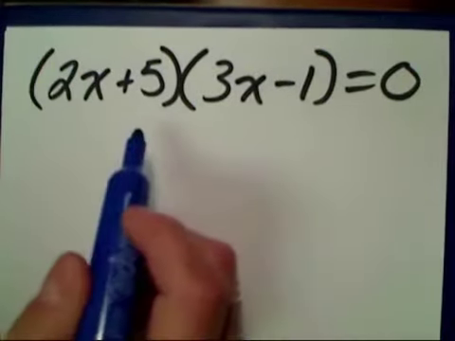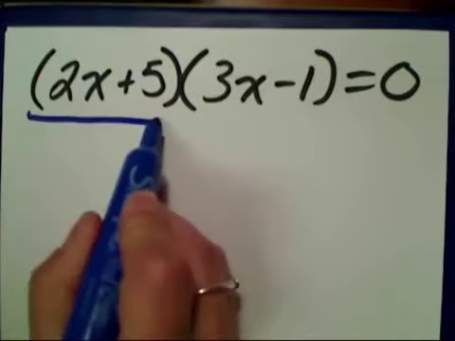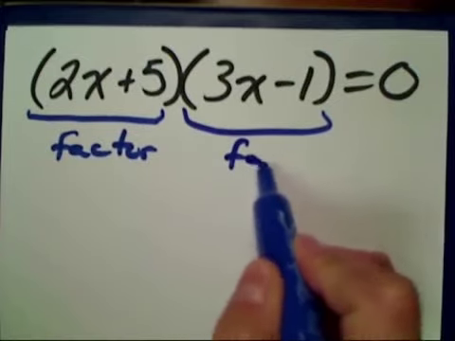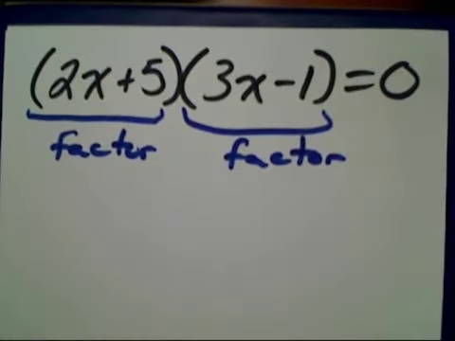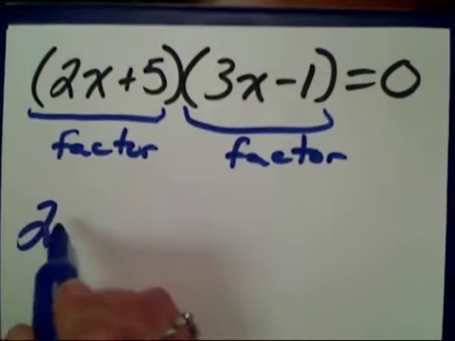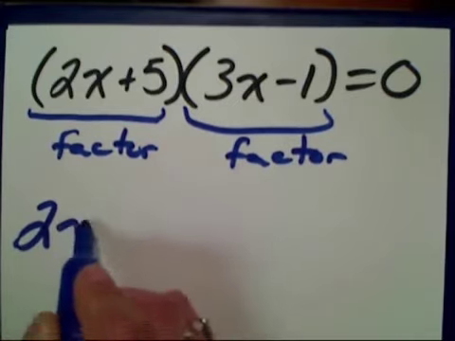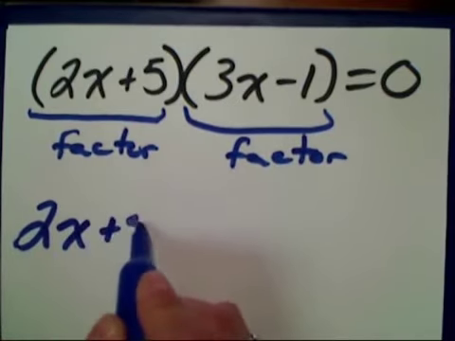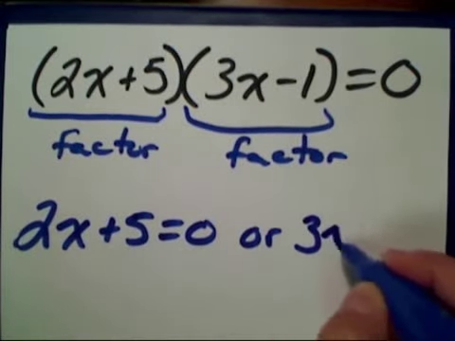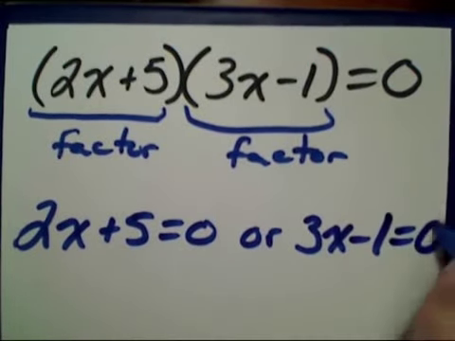Factors are the stuff being multiplied together. So this is a factor. This is a factor. I can set the factors separately equal to 0 and solve. That's the shortcut way of thinking about the zero product property. So 2x plus 5 would equal 0, or my 3x minus 1 would equal 0.